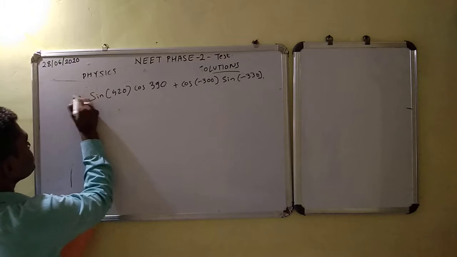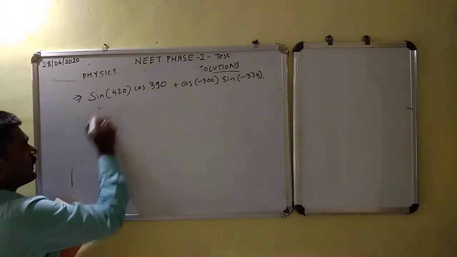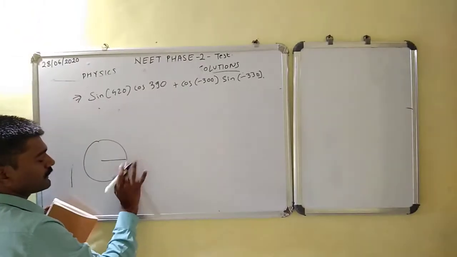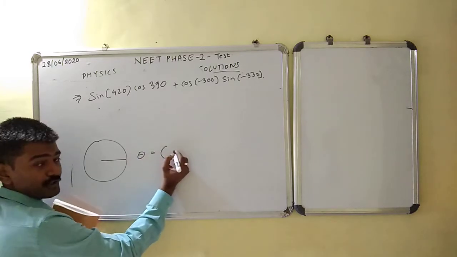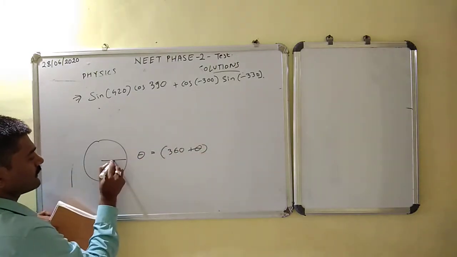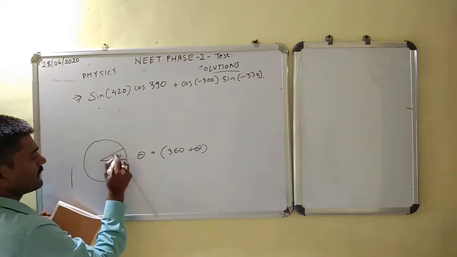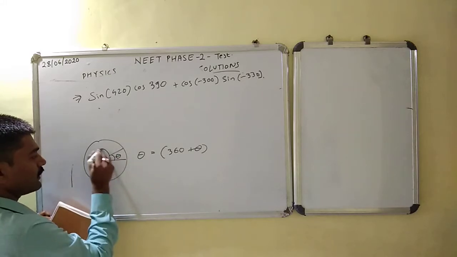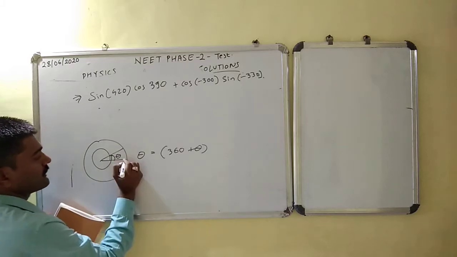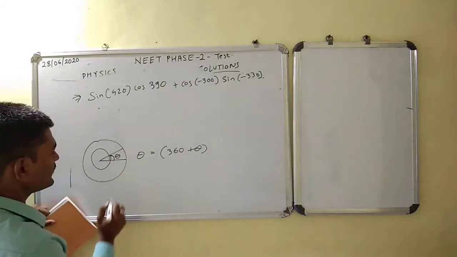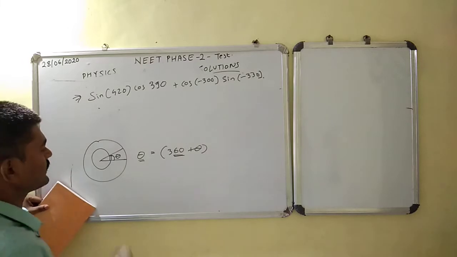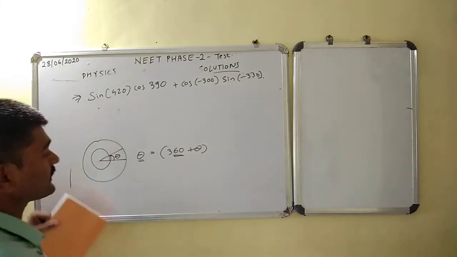Now what is this? Sin 420 is nothing but what? Always remember, main angle is 0 degrees. Theta is also equals to 360 plus theta, because if you take theta as angle, it is going to be the same angle, because 360 is nothing but equals to 0 degrees. Because it is the entire circle.